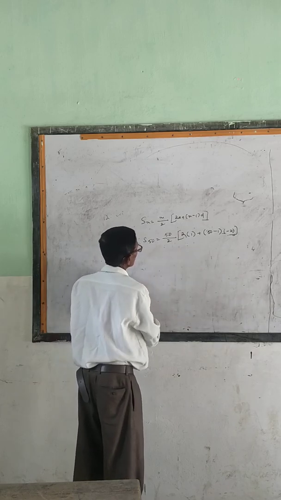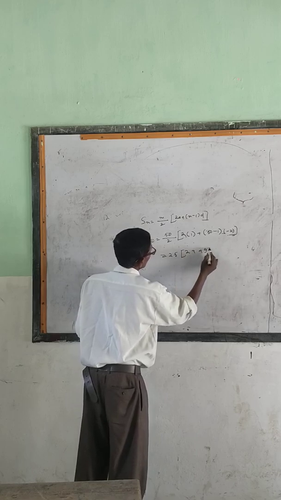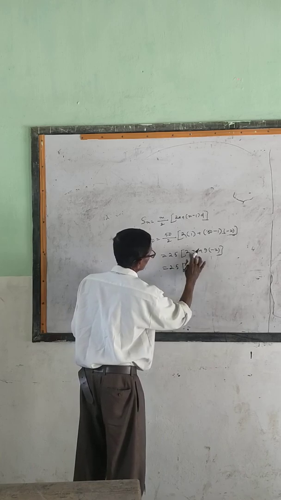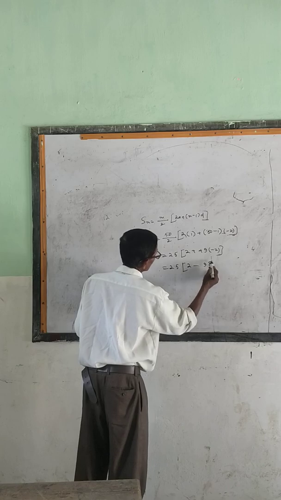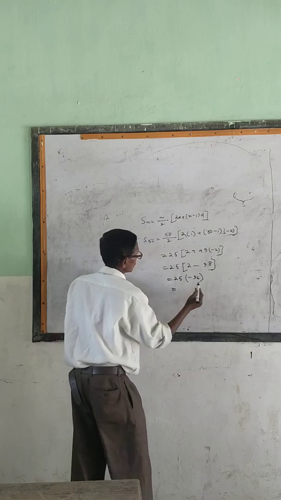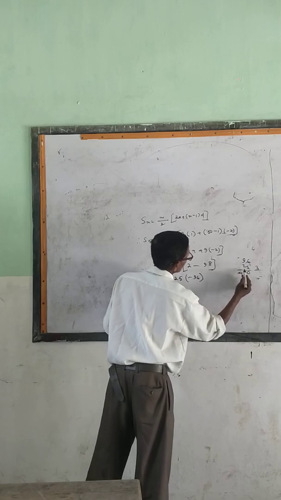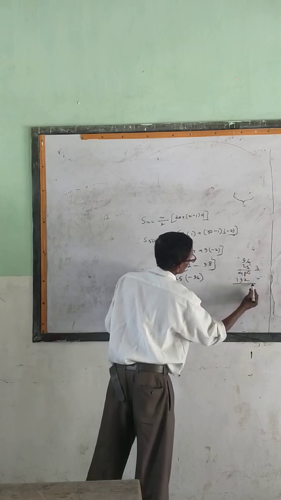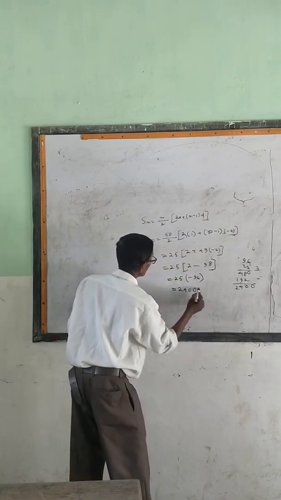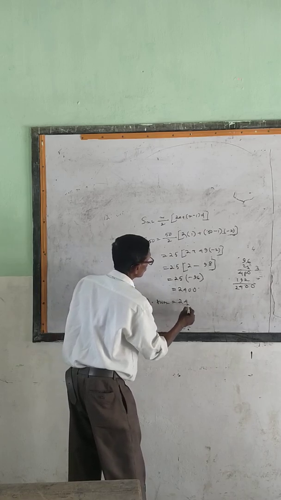So this is 25 times (2 minus 98), which is 25 times minus 96, equal to minus 2400. So the required sum will be minus 2400.